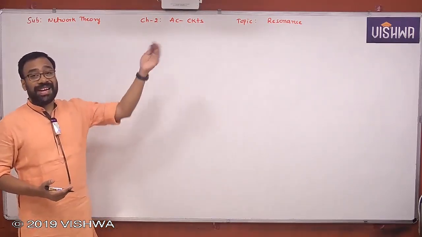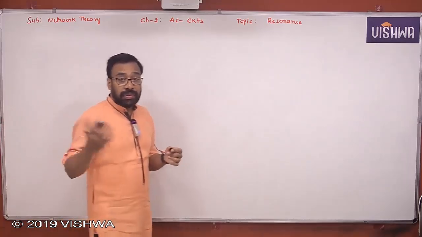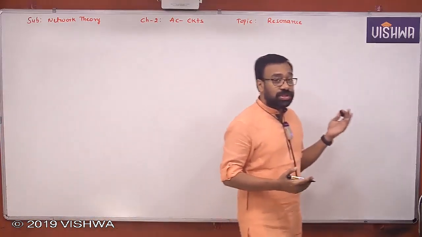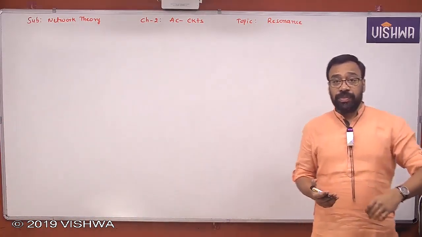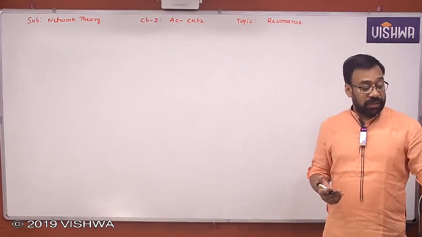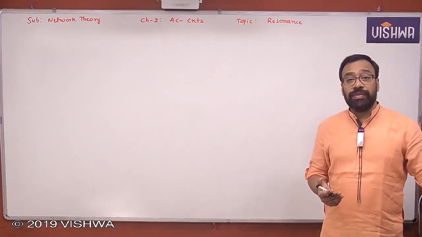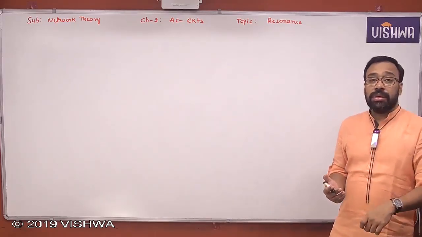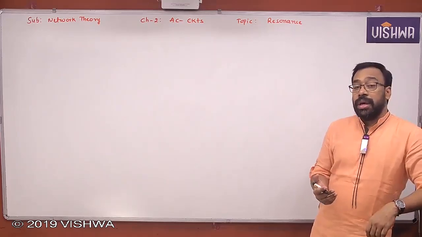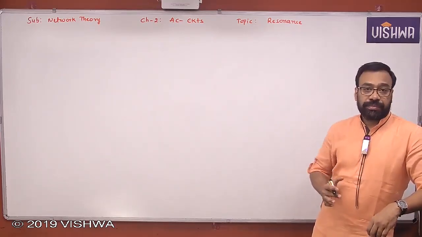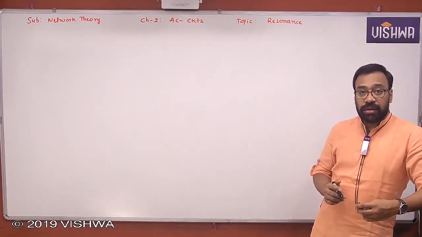You have some transmission station and receiver. The transmission station will transmit a signal, and the receiver will receive it. Understand, all of you? All of this is based on the resonance phenomenon.